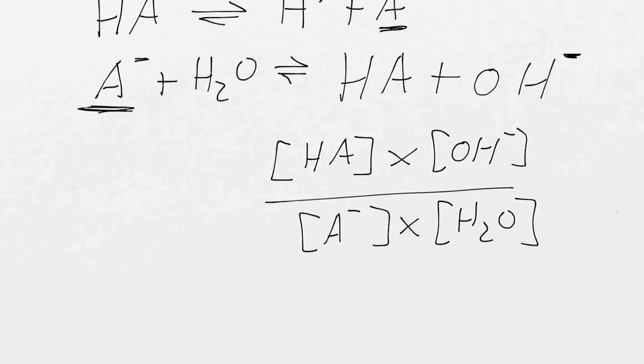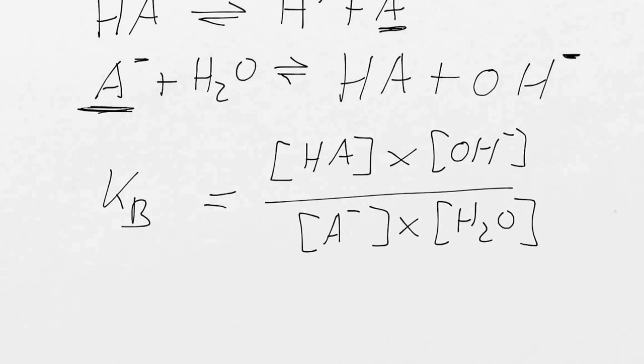This is another equilibrium, and we can formulate an equilibrium constant, but now it is an equilibrium for a base, isn't it? So we can say this is Kb. That's the equilibrium constant for the base production. Are you happy with that?